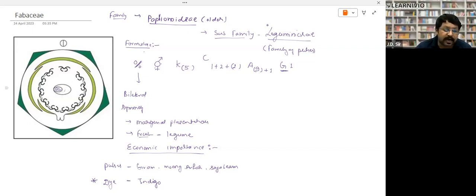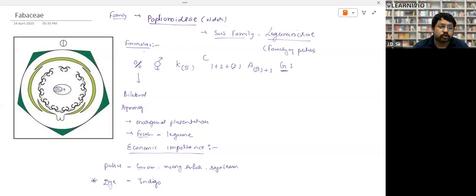Look, go through this one with my cursor. These are the diagram of the stamen and this is the diagram of the ovary. Both ovary and stamen are present. It means male and female sex organs are both present. So I have written it bisexual.